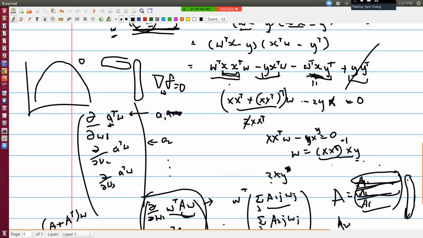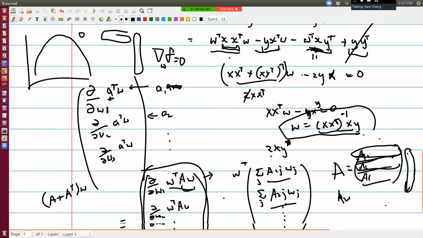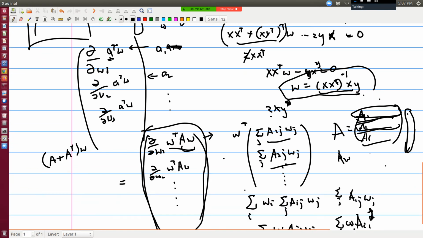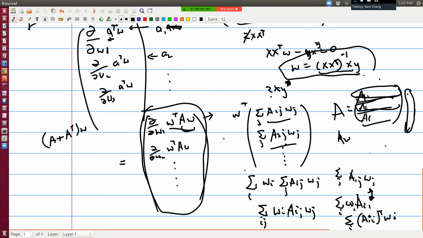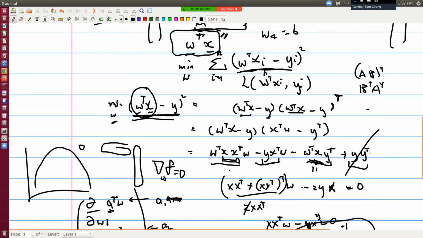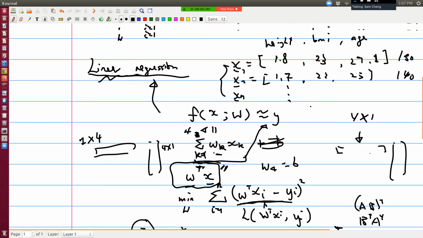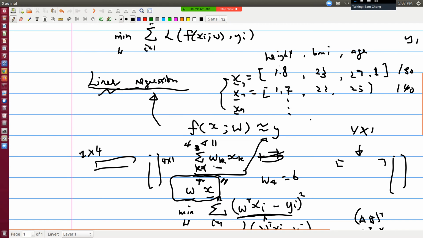In this case, that's very nice, because this essentially has a closed form. You know precisely what the optimum weight is. And because of the closed form, it can be really quick when you need to train a model like this. Going back to our example, we said at the beginning that this example is trying to fit personal health data, like weight, height, BMI, and so on, to estimate the actual weight.